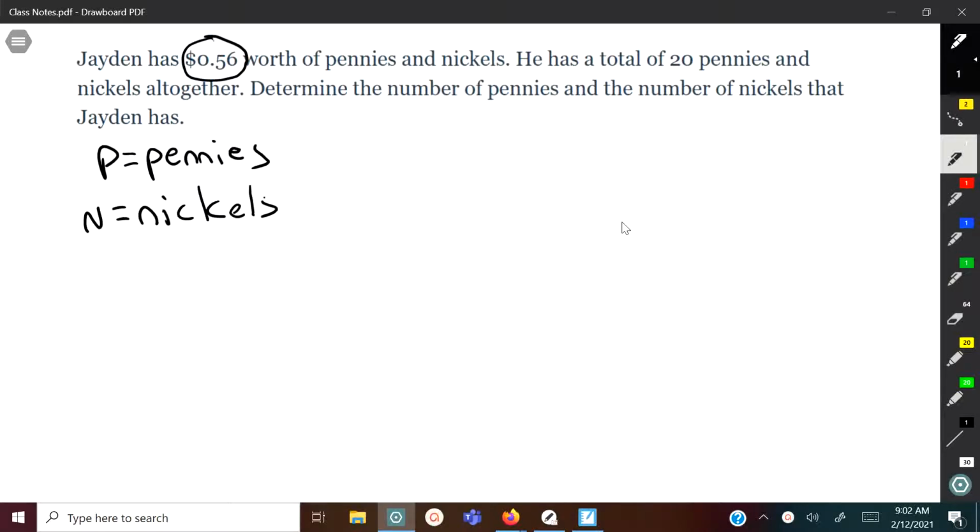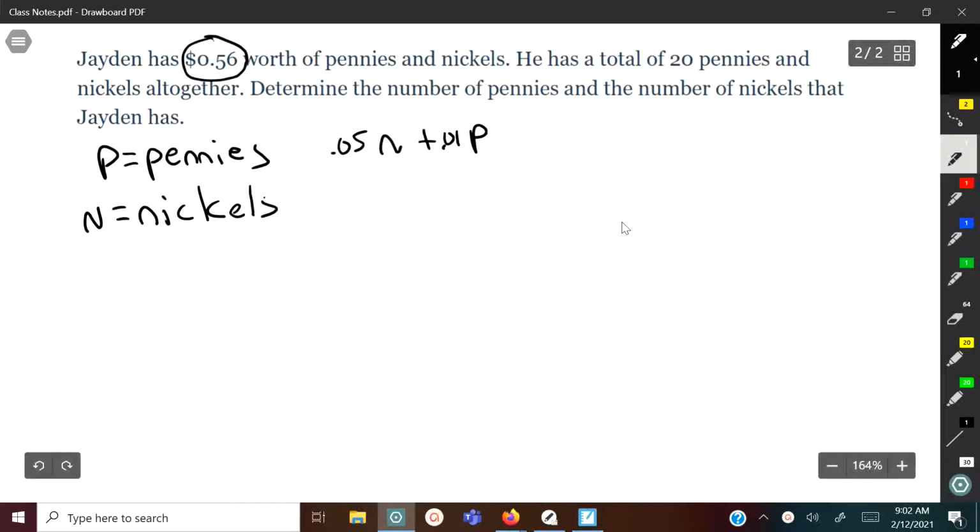So if we add up all the nickels and we add up all the pennies and we multiply every nickel by 0.05 and multiply every penny by 0.01, it's going to equal 56 cents. It might be helpful to put that 0 in front of that. So that's one equation.